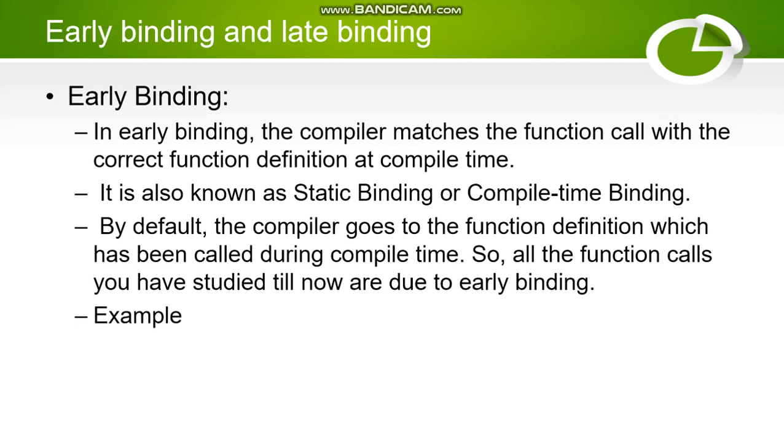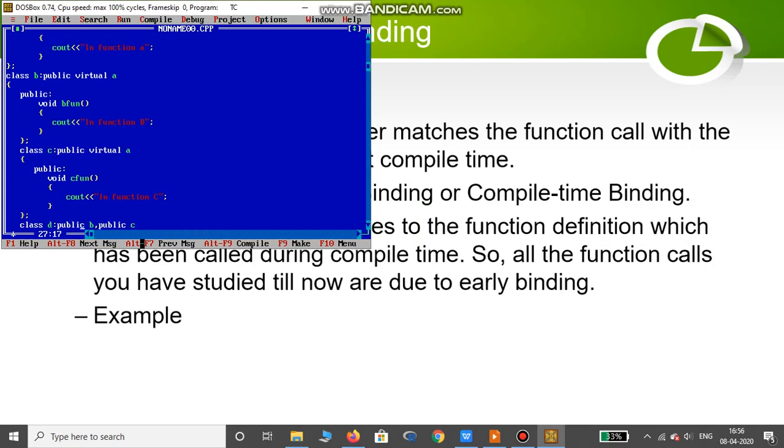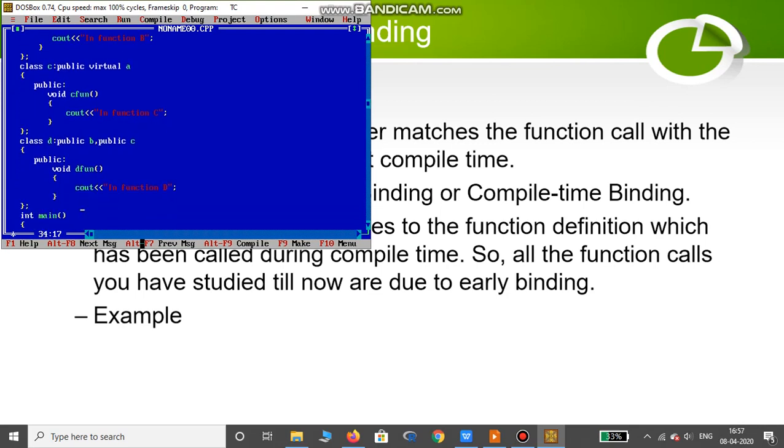That concept is called function overriding. In function overriding also, early binding is done. So with the help of the same concept, let's understand an example of early binding first. We will do one program here.